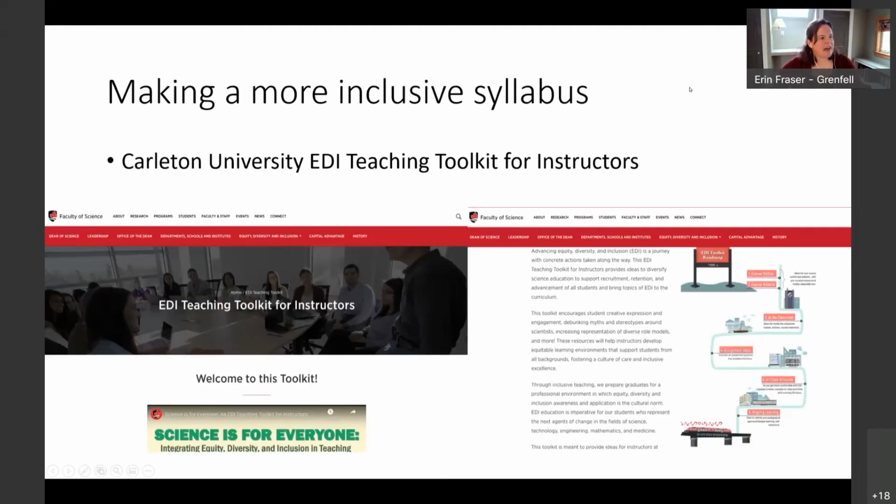The one that really was incredibly helpful, and I just want to point out to you, is this extraordinary toolkit that the Faculty of Science at Carleton University has released. And this initiative was led by Dr. Martha Mulally. And it is this interactive, freely available resource that can actually, if you look on the right here, take you through every step of designing and offering your course, and gives all sorts of suggestions for how to make your course more inclusive.